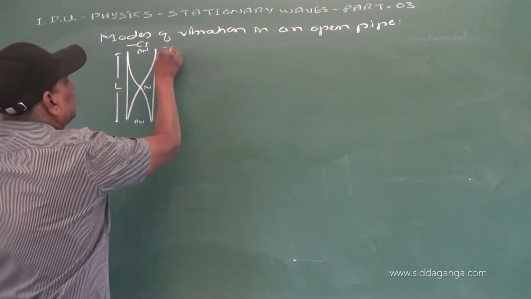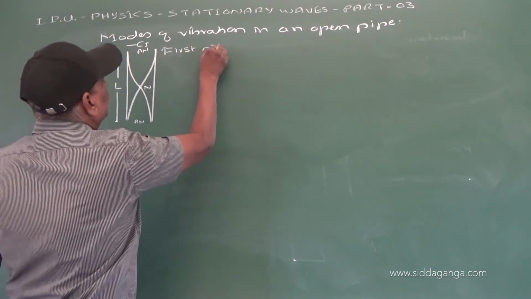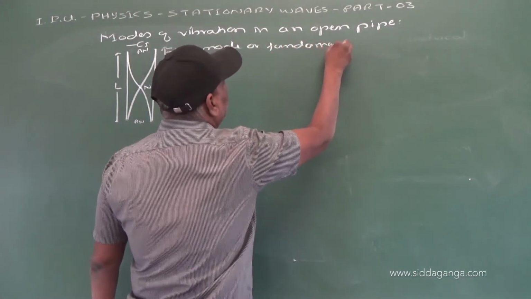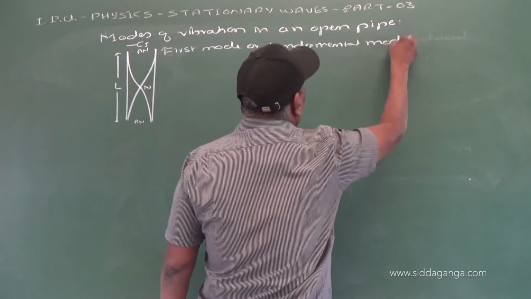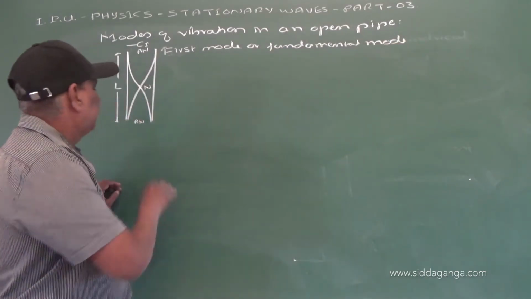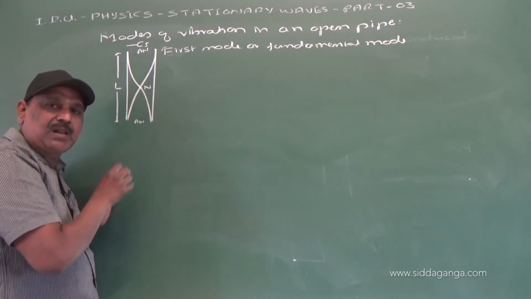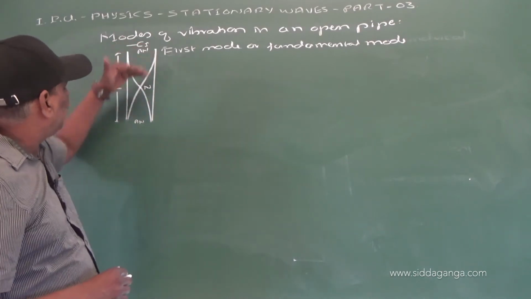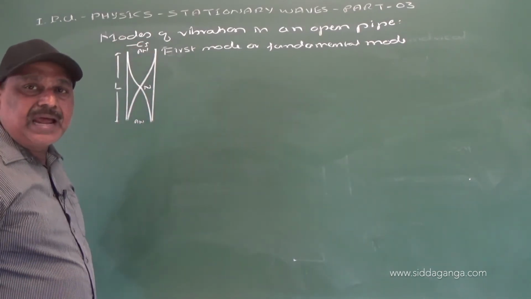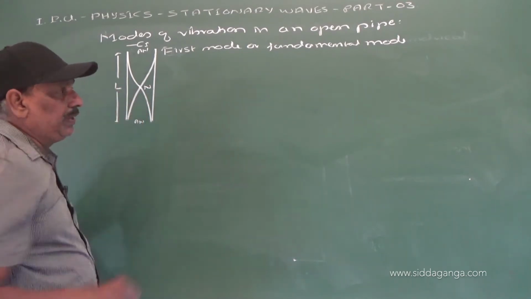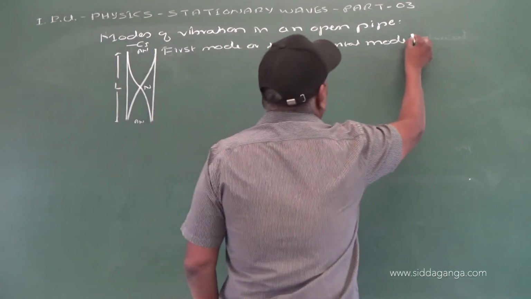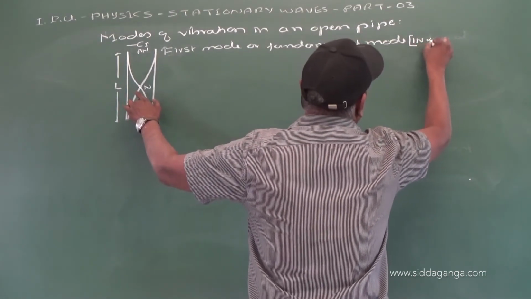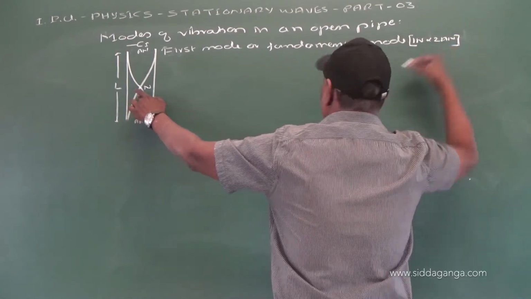This is called the first mode of vibration, or fundamental mode of vibration, because the open air column is vibrating with the minimum possible number of nodes, since two antinodes are always formed at the open ends and a node should be formed between the two ends. So, here the number of nodes and antinodes formed is one node and two antinodes, right.